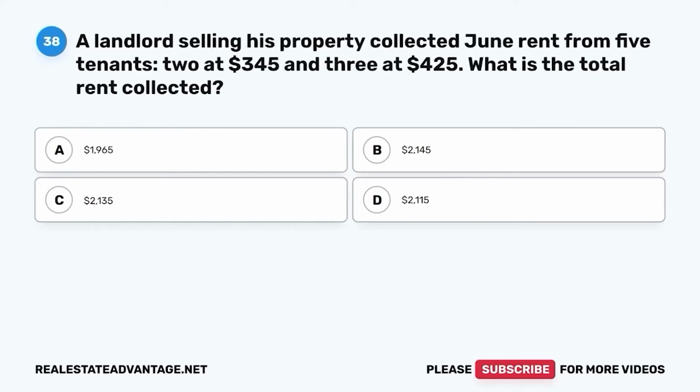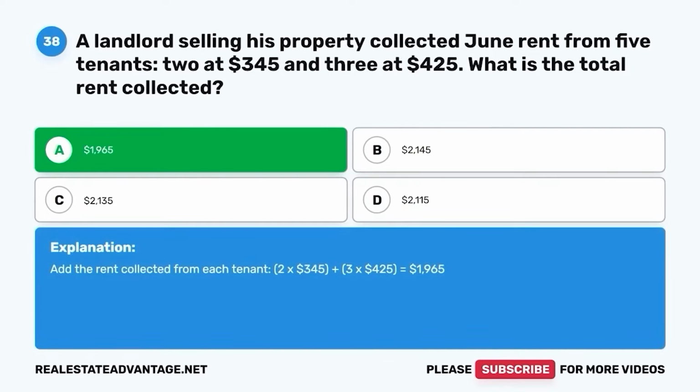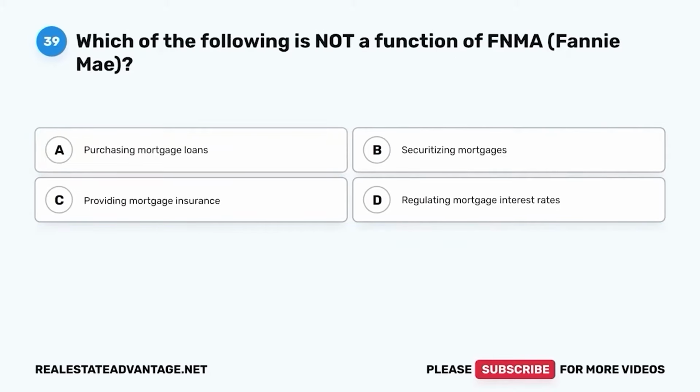D. $2,115. The correct answer is A. $1,965. Add the rent collected from each tenant: 2 times $345 plus 3 times $425 equals $1,965.